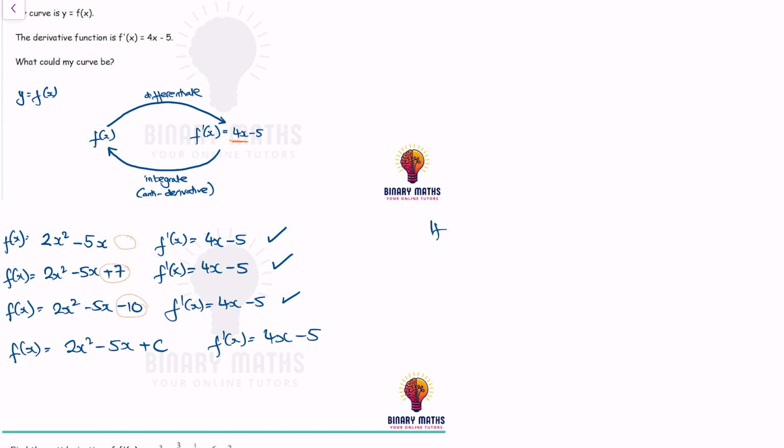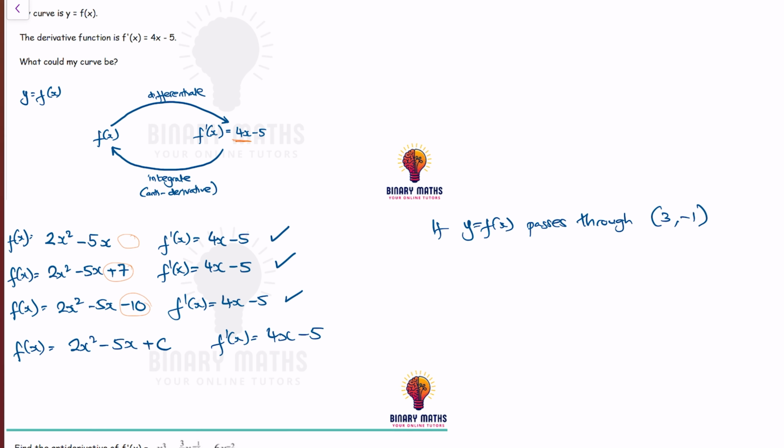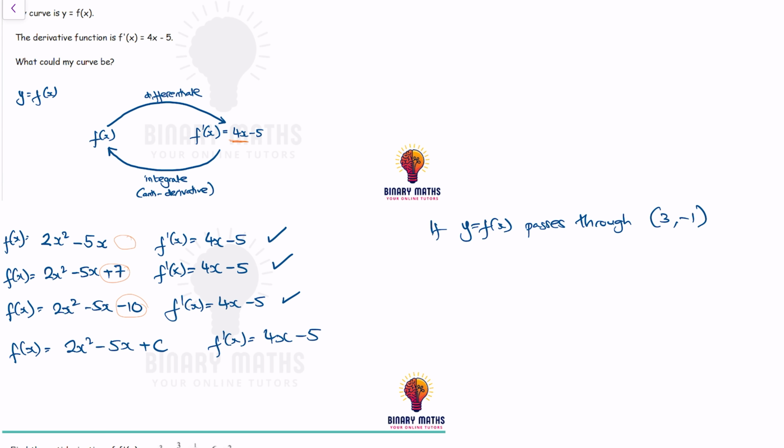So if y is equal to f of x passes through, let's say, 3, negative 1, then because f of x is equal to 2x squared minus 5x plus c, I can substitute the point 3, minus 1 into this.